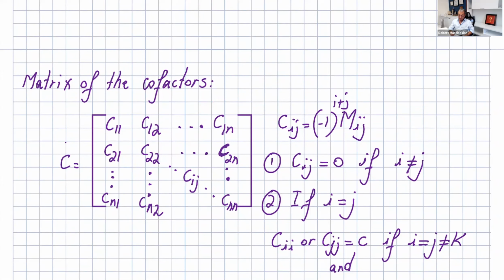So Cij for each entry, well, that's the formula for the Cij. Cij equals 0 if i is not equal to j. So we kind of saw that. So it's going to be 0 for when i is not equal to j. If i equals j for the diagonal, what happens? Cii or Cjj equals c.